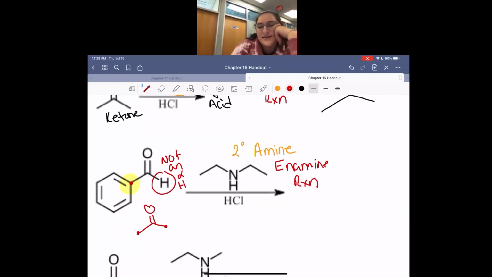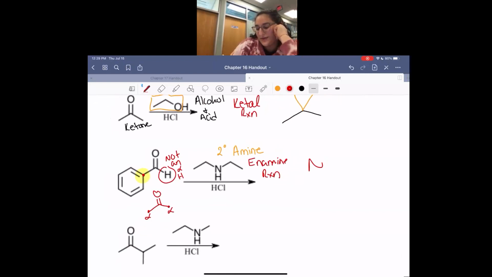So you can never use the hydrogen coming directly off of the carbonyl carbon. So, can we do this reaction? No. So this is no reaction.